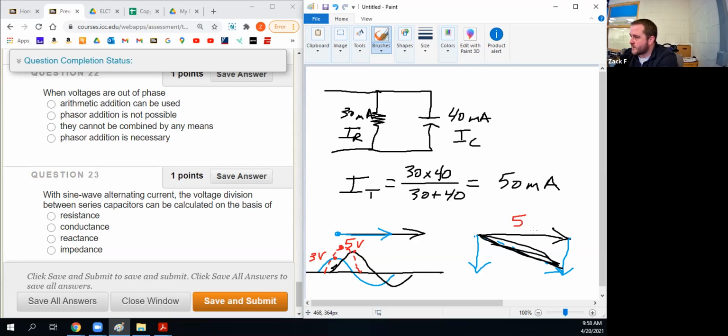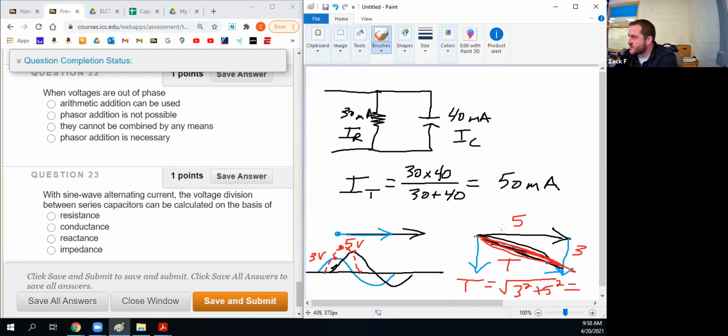So if this was 5 and this was 3, how could we find this in a triangle? Pythagorean theorem, right? Call this T for total. T equals the square root of 3 squared plus 5 squared. Somebody do that for me real quick. What does that equal?